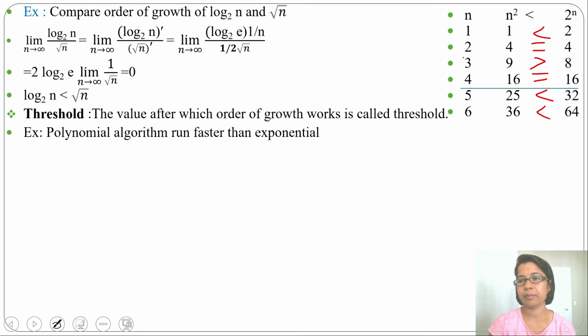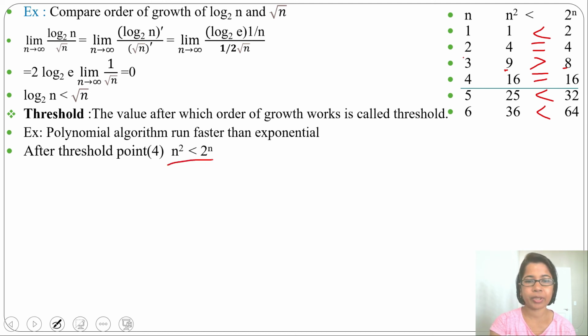Before 5, it may be greater or it may be equal. Here you can see n square is greater than 2 power n: n square is 9, 2 power n is 8. So when you are substituting a number, you need to consider a large number that is greater than the threshold point. If it is less than the threshold point, you may get the wrong answer. So after the threshold point, meaning after n equals 4, n square is less than 2 power n.